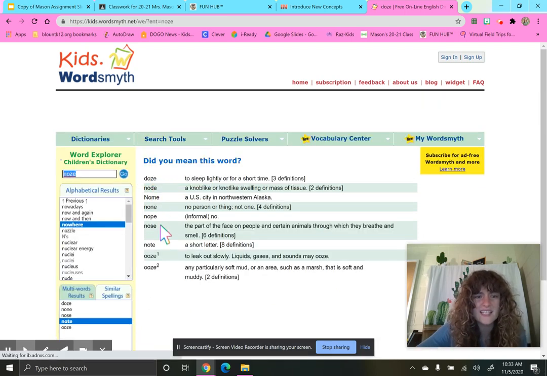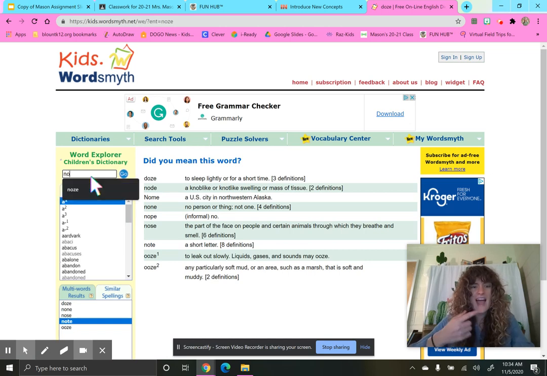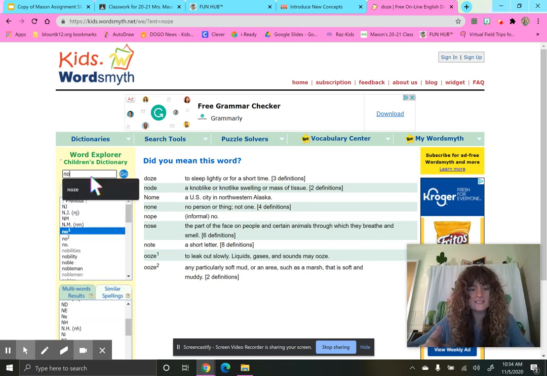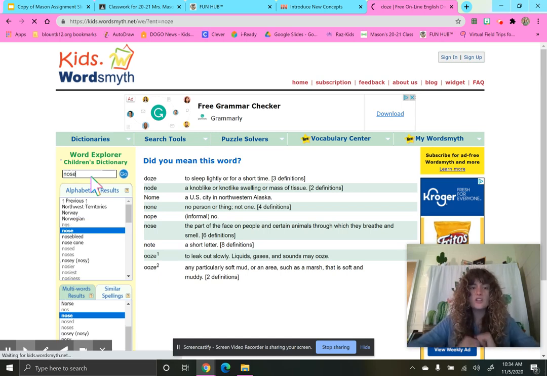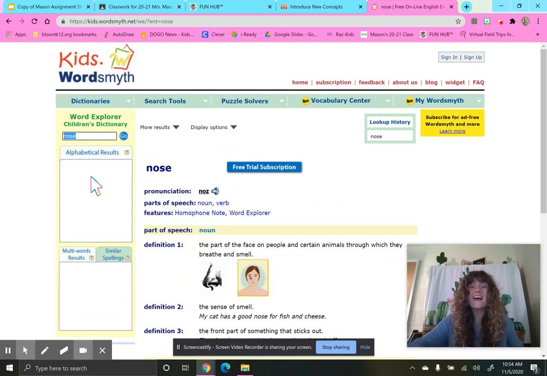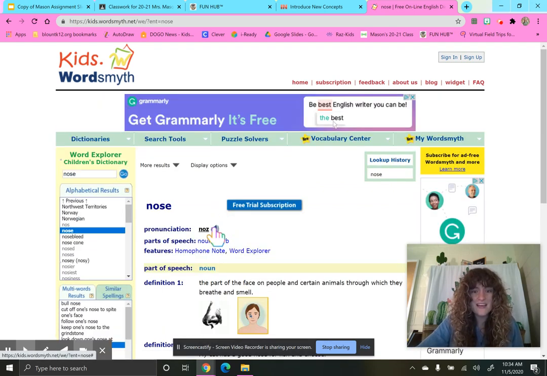I don't see anything for the word nose with a Z, but I know that sometimes S can sound like a Z. So I'm going to try to replace the Z with an S. Nose. Now it brings up a definition. And let's listen to what it says.